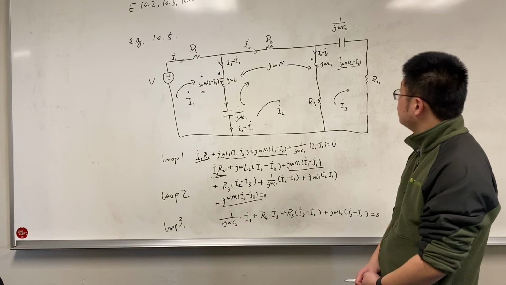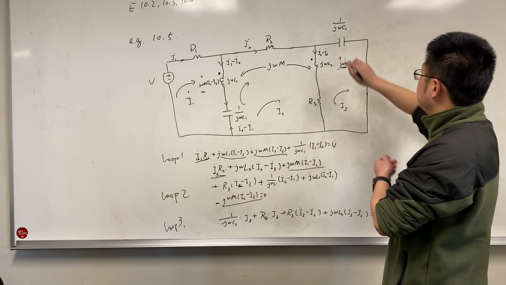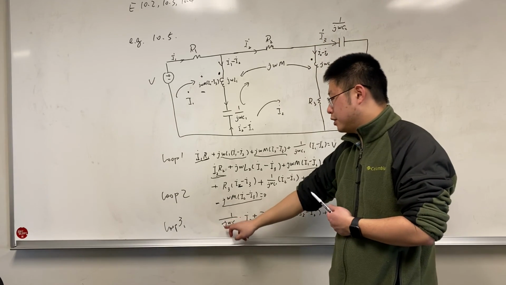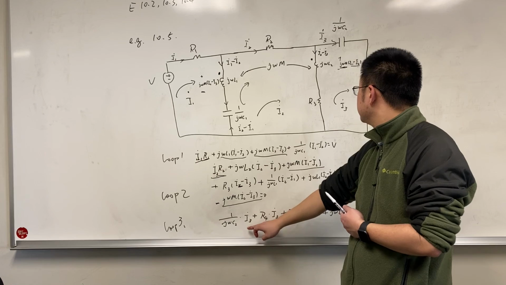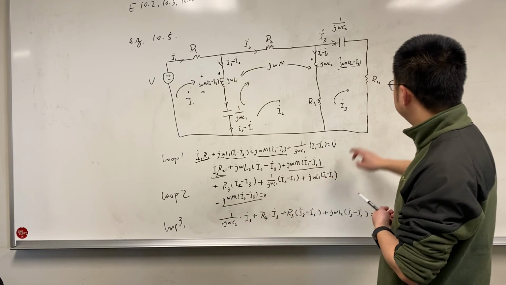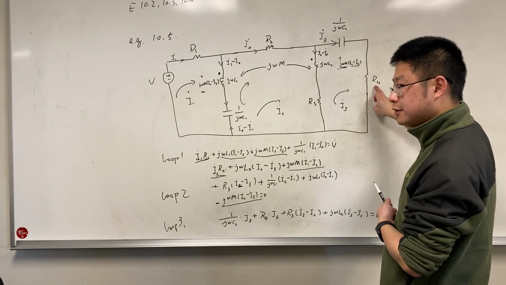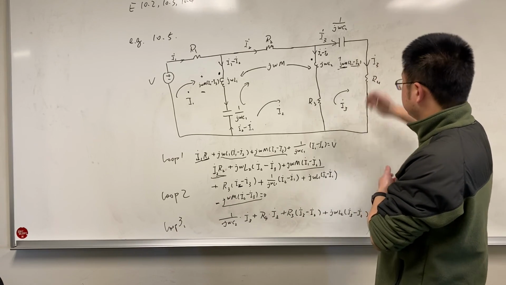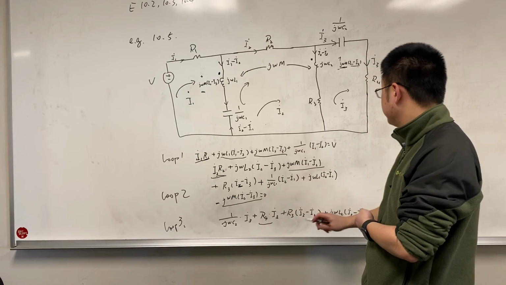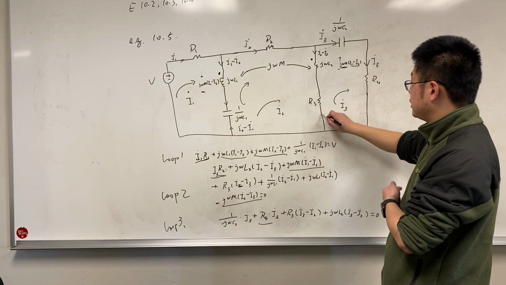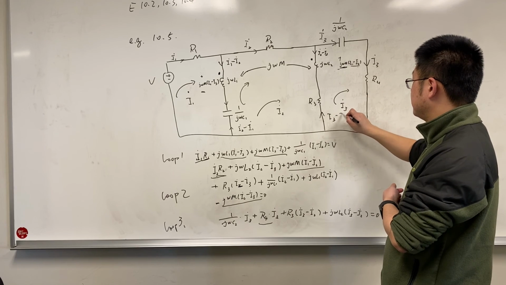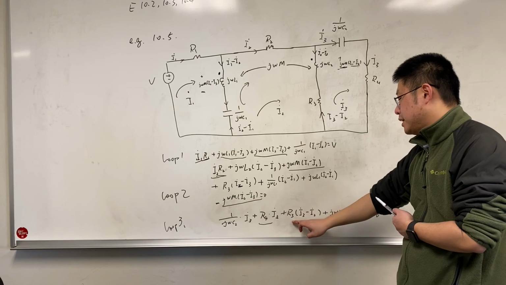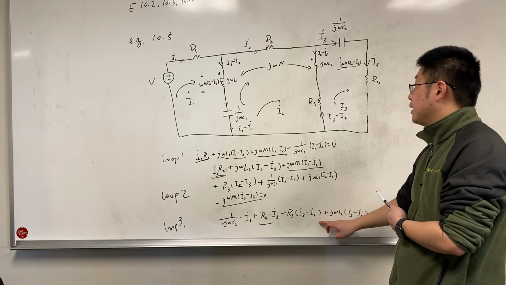For the third loop, we can start from the capacitor. This is current I3, so we have 1 over j omega C2 times I3, plus the voltage drop on resistor R4 times I3. That's the second term. And the current here is I3 minus I2, so the voltage drop on R3 equals R3 times I3 minus I2.